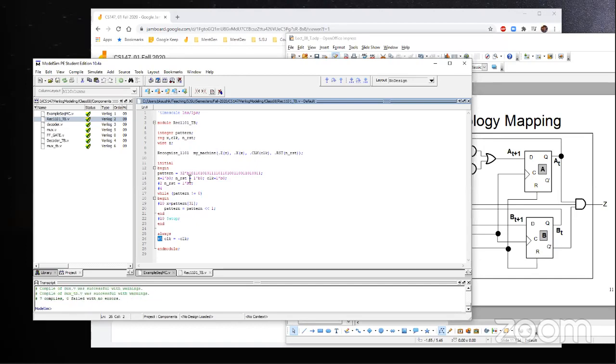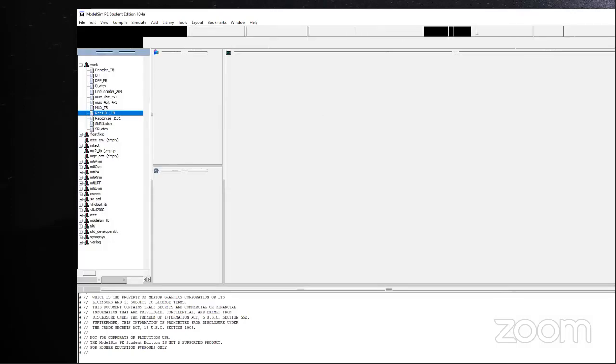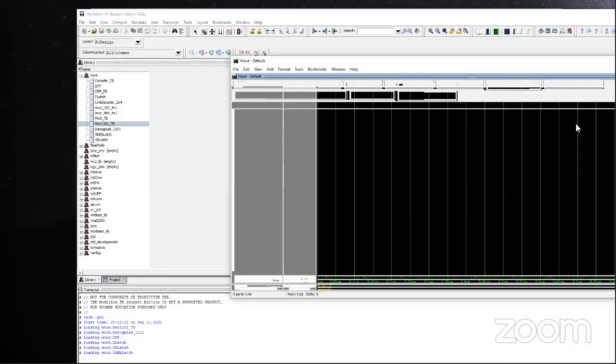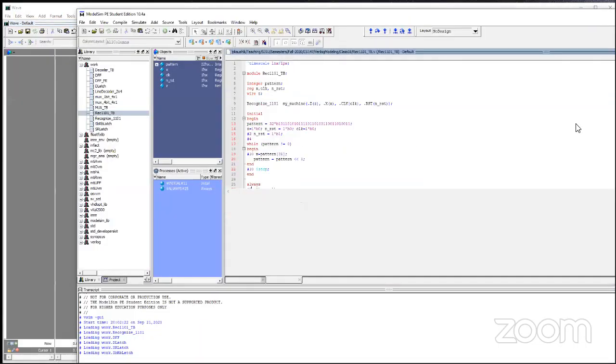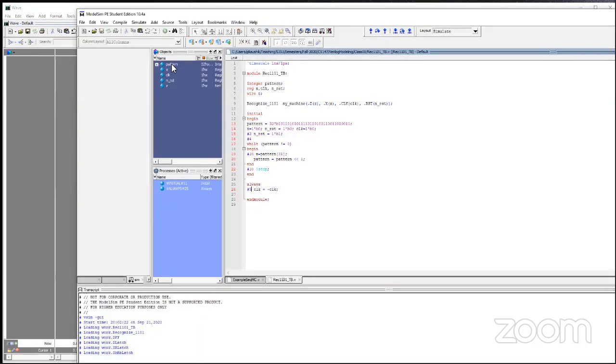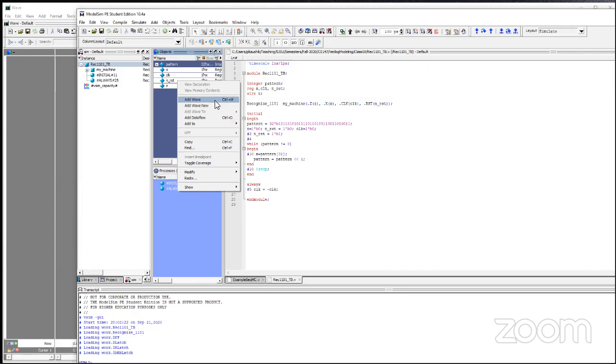So with this, if we now load that test bench, this one, okay, and let's load this 4 signal at 12.